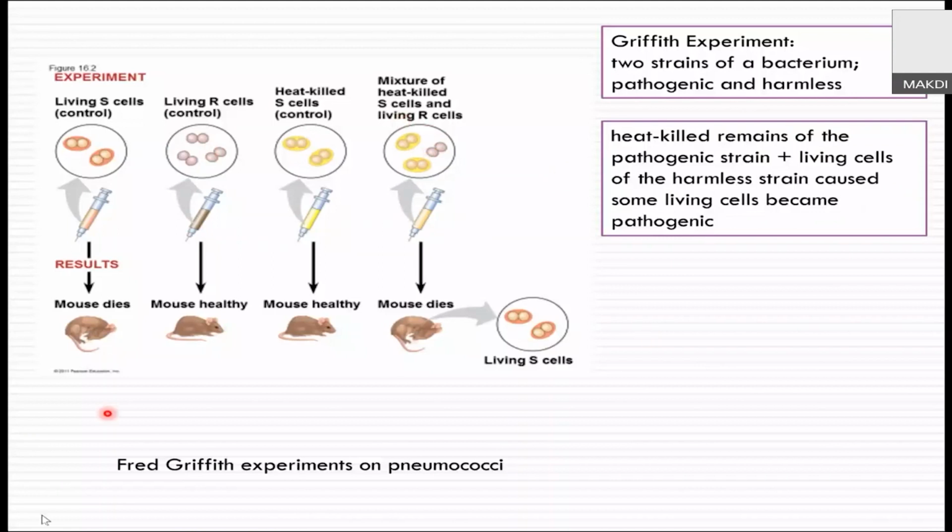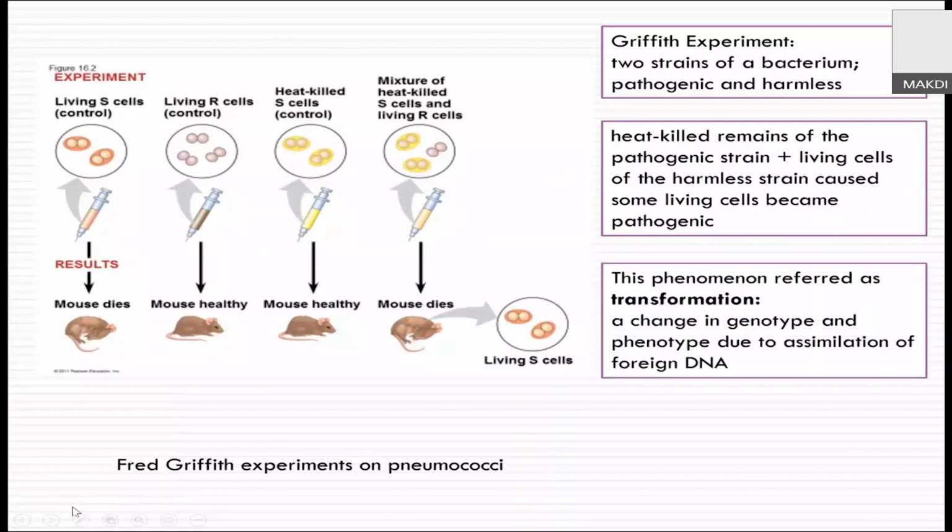They underwent transformation, which means that the heat-killed S cells, the pathogenic cells, transformed the non-pathogenic live cells into pathogenic ones.